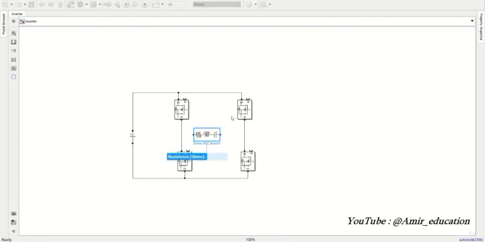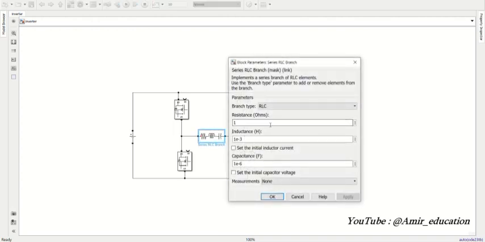And the key point is that I want to keep our load current to a constant value of 100 milliamperes. So I calculated the values for my load and I just put them here. For our first simulation, our load is resistive.